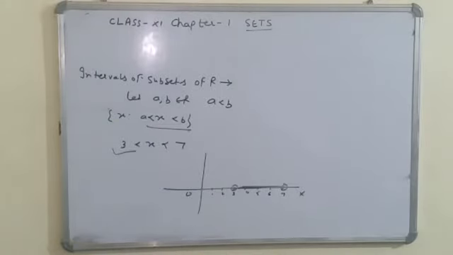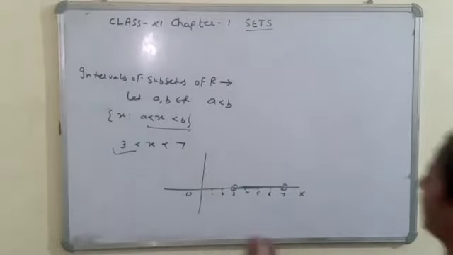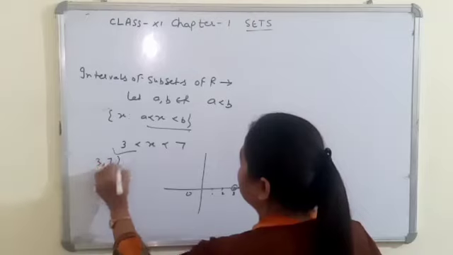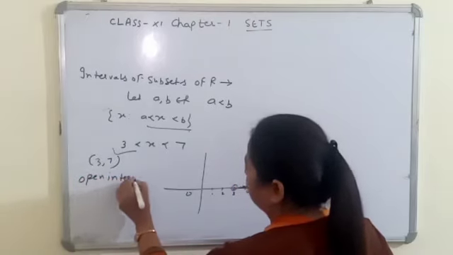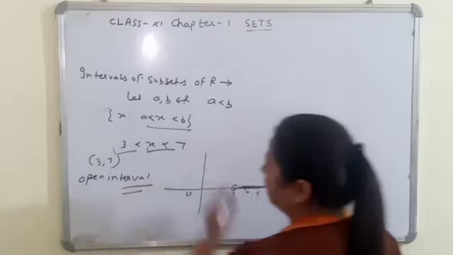We call it the open interval, and here all the points between 3 and 7 belong to the interval, but 3 and 7 themselves do not belong to it. We will write this interval as (3, 7). This is the open interval.